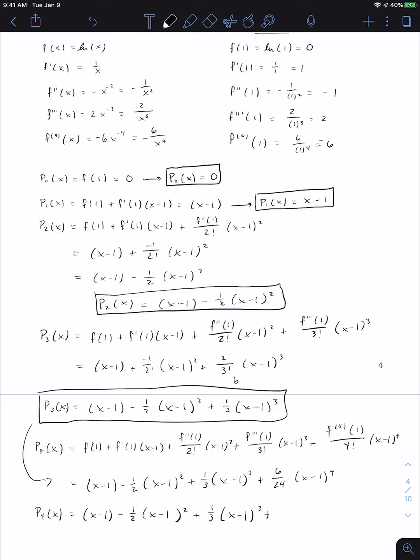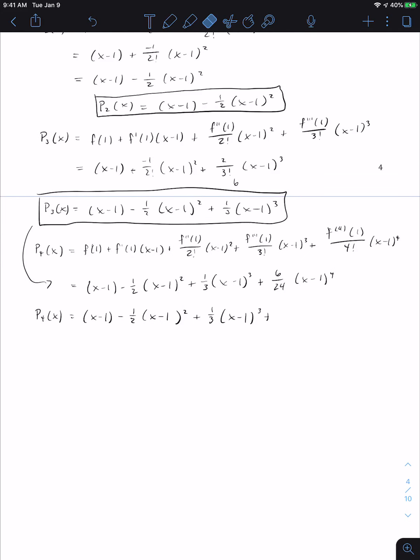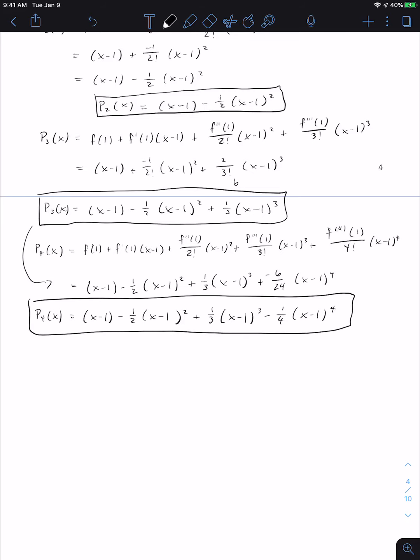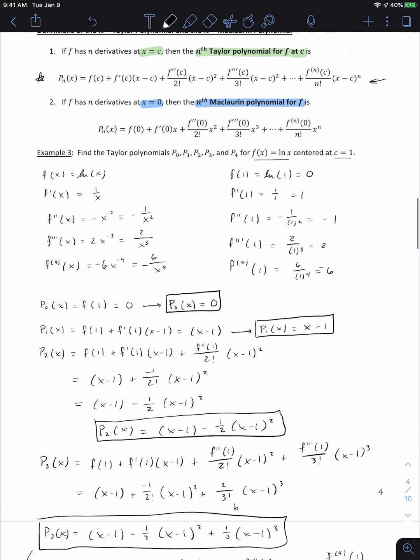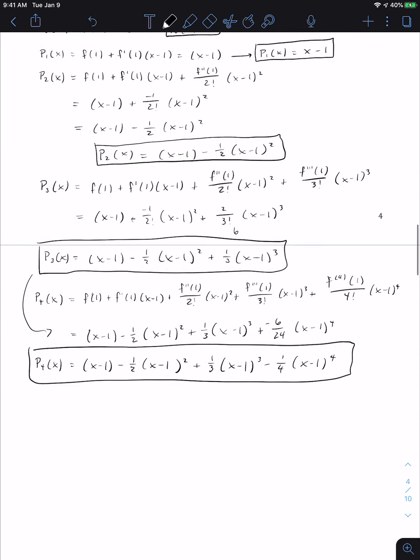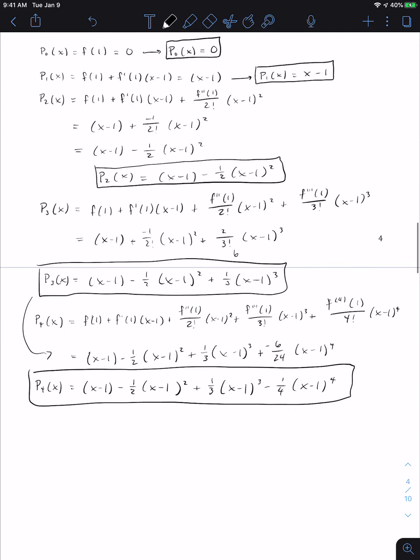Whoopsie. My fourth derivative is minus 6, so minus 1/4 x minus 1 to the 4th. So those are my Taylor polynomials centered at x equals 1. The more powers, so this last one is the very best approximation polynomial.